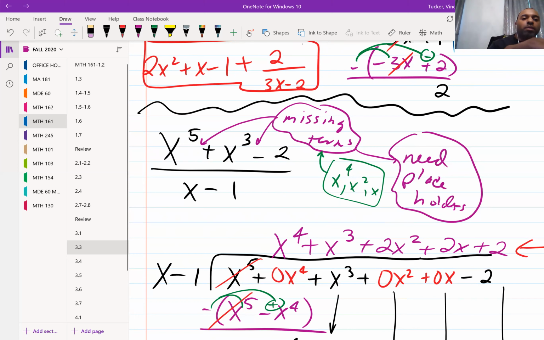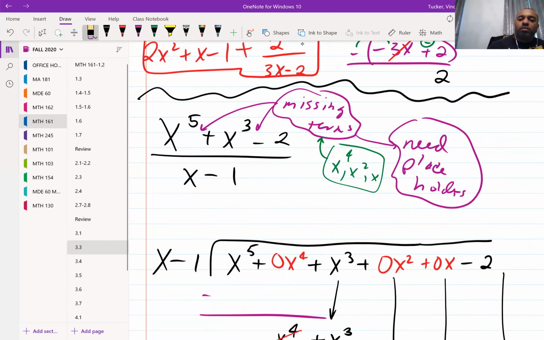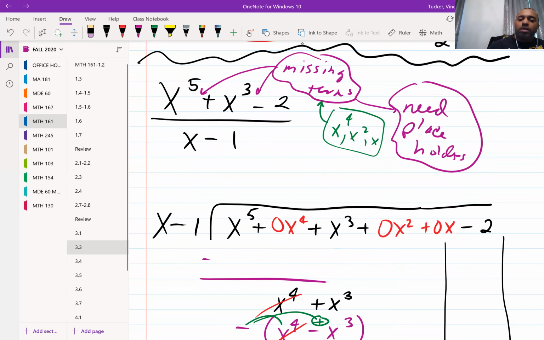All right, so let me erase this. So you see what I did here, putting 0x to the 4th, 0x squared, and 0x.